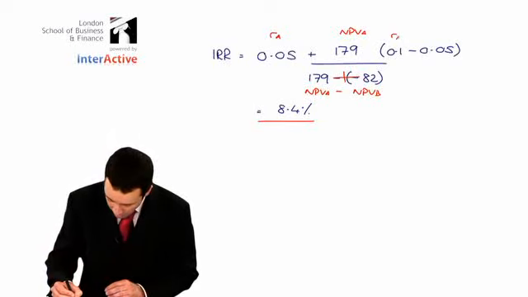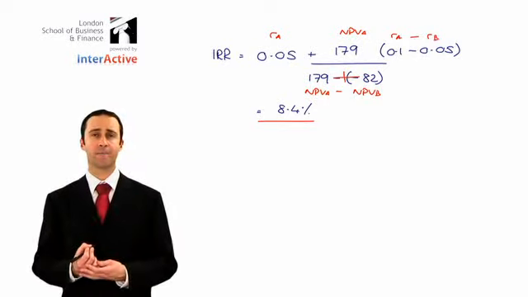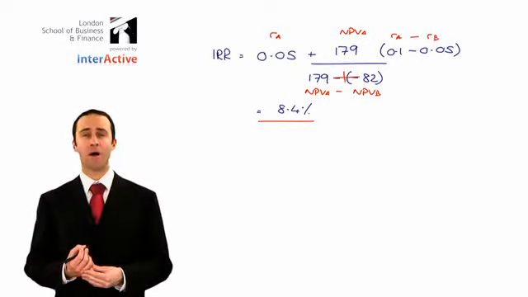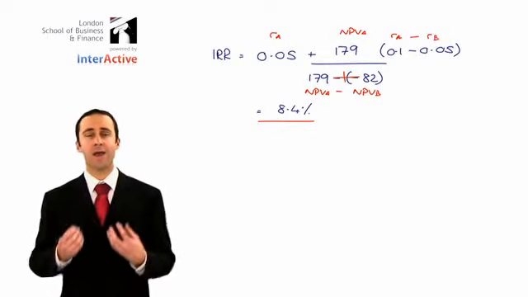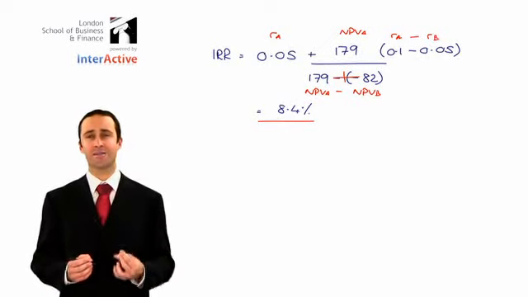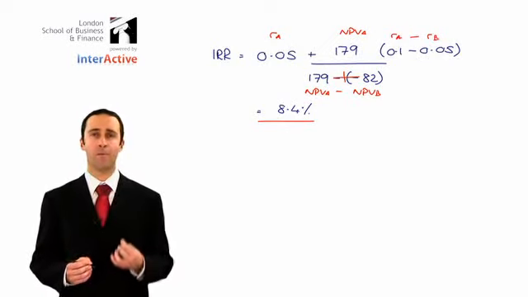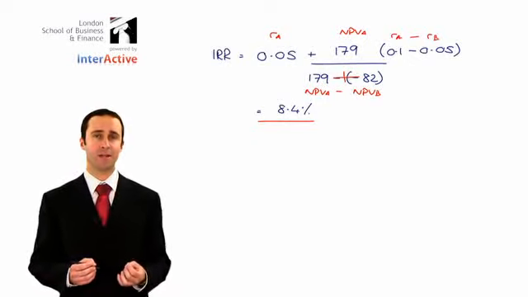And then we have RA minus RB, which is what you multiply your fraction by. So we've got now an IRR of 8.4%. And the assumption there is that any cash flows that we get, we are going to reinvest at the 8.4% to give us a nil net present value.